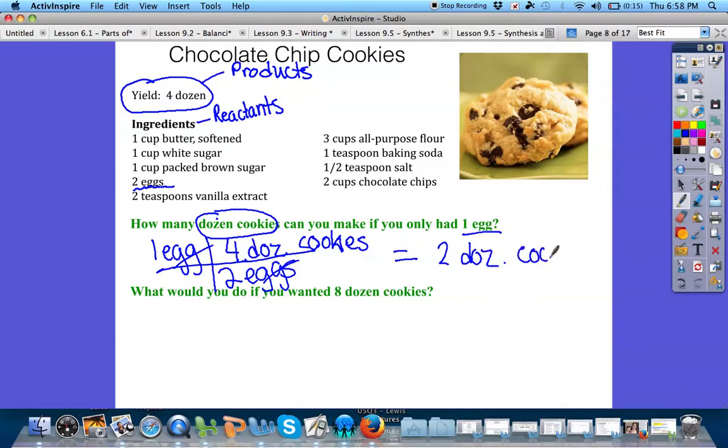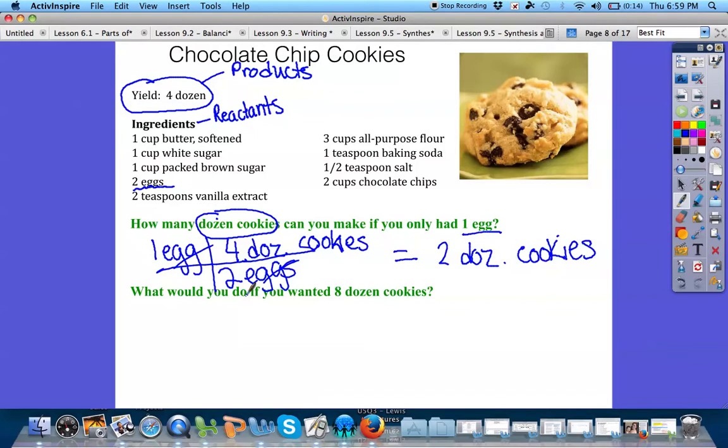Now you might say, oh, we have half as many eggs as we needed for our recipe, so we're going to take our product and divide it by 2. If you start by using dimensional analysis, this is going to be the tool that's going to help us throughout stoichiometry. So I just wanted to show that to you again and help you become familiar with it.